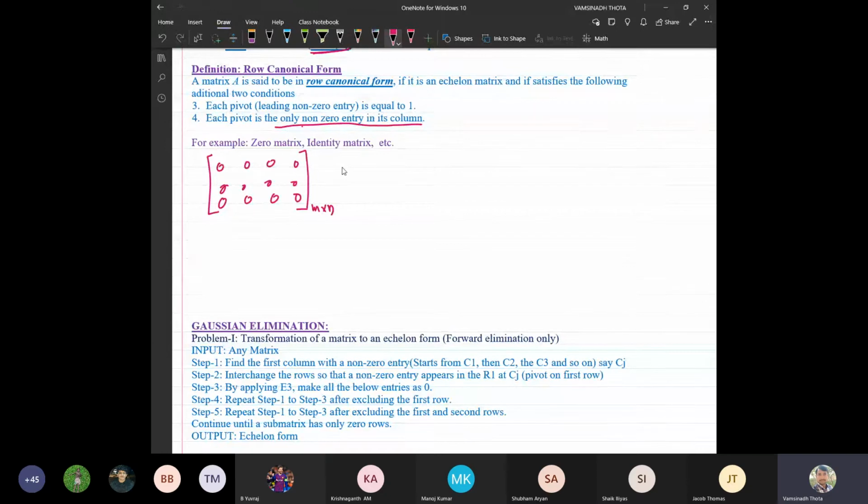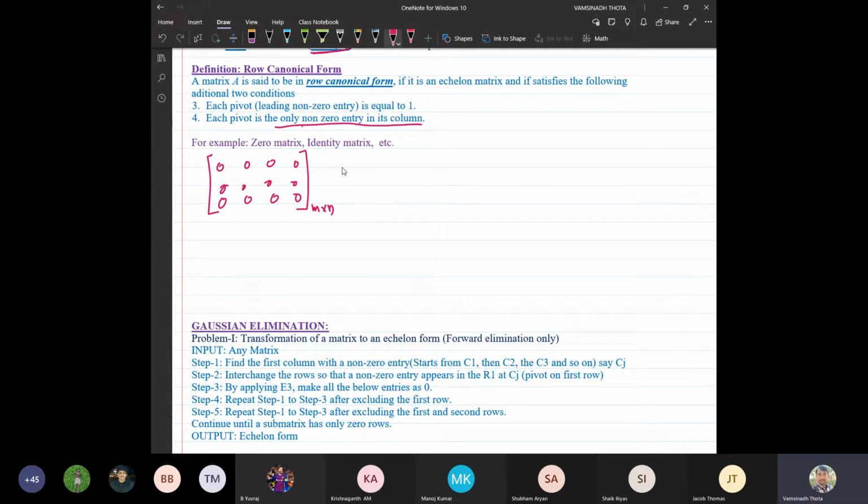Second condition: is the leading coefficient in a row towards the right of the previous leading coefficient? Since there are no leading non-zero entries, that condition trivially holds. Now, third one: each pivot should be equal to 1. What are the pivots for a zero matrix? There are no non-zero rows, and hence there are no pivots.